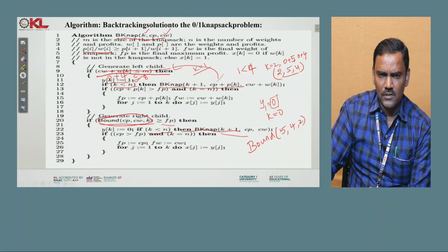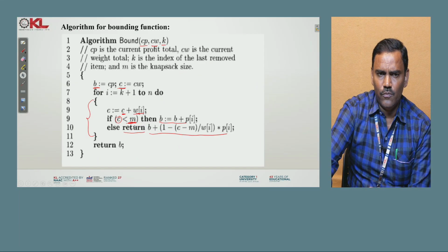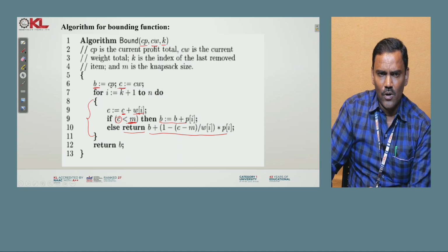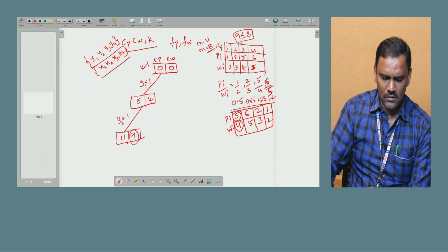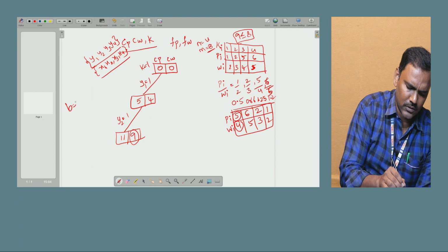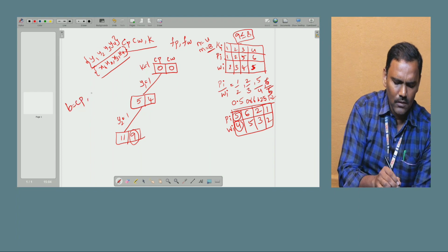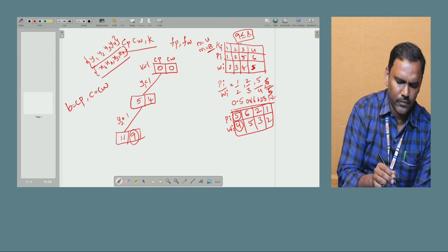That is going to be passed here. Now we have to calculate that. Now we are moving to the bound algorithm. We take those parameters and assign B equal to CP and C equal to CW. We assign that.